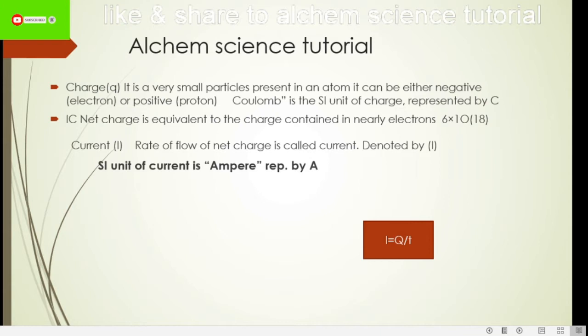It is denoted by I, and the SI unit of current is ampere, represented by capital A. In a mathematical equation, current is defined as I equal to Q upon T, where I is current, Q is charge, and T is time. This is the mathematical representation of current.